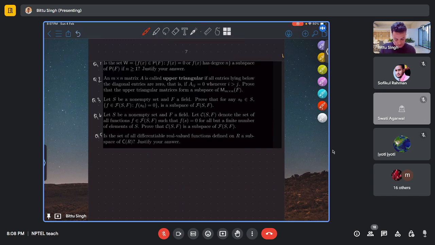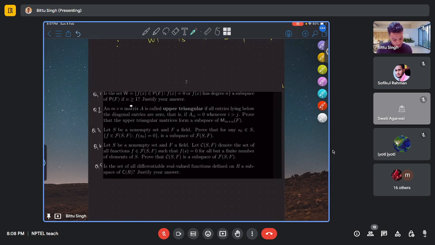So there are a few questions about subspaces. Question number 1. W given by this equation, is it a subspace?